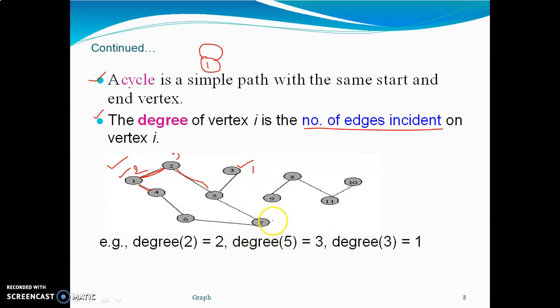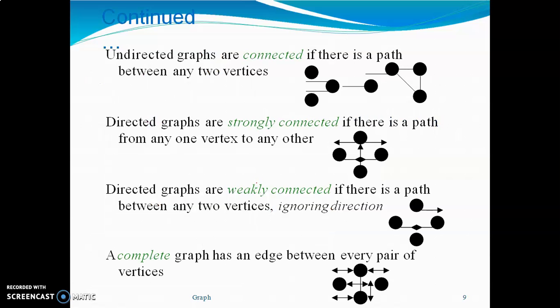Vertex 7 has two edges, so the degree is 2. 6 has two edges, so the degree is 2. 4 has two edges, so the degree is 2. 5 has three edges, so the degree is 3. Here 8 has two edges, so 2 is the degree. 11 has two edges, so 2 is the degree. 9 has only one edge, so 1 is the degree. And 10 has only one edge, so 1 is the degree. This number of edges incident to a vertex is the degree of the vertex.